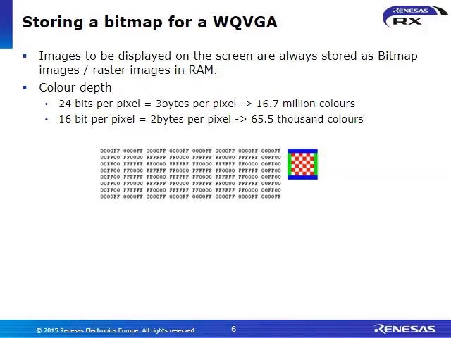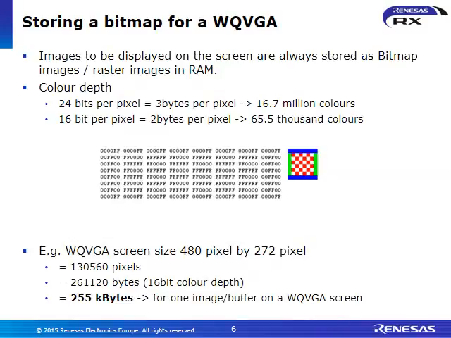That means, it's actually an easy calculation, for a wide QVGA, which is a screen size of 480 by 272, you roughly need 130,000 pixels, meaning 261,000 bytes, considering a 16-bit color depth. And that means for driving a wide QVGA screen, for one single image buffer, you most likely use 255 kilobytes.